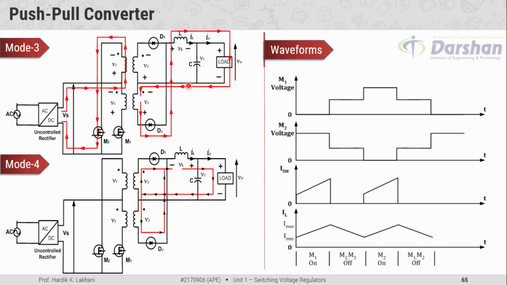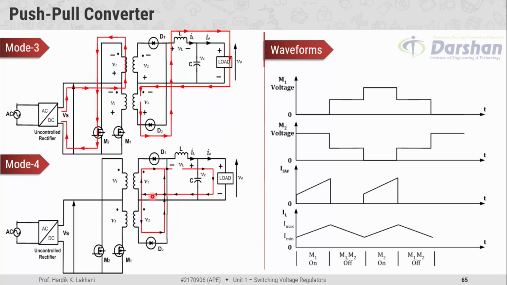Right, so in mode 3 and mode 4 we can see that the transformer core is magnetized with the reverse polarity, and in mode 4 the transformer core is demagnetized from the reverse polarity. So this is how the first quadrant as well as the third quadrant of the BH curve is covered by the push-pull converter.